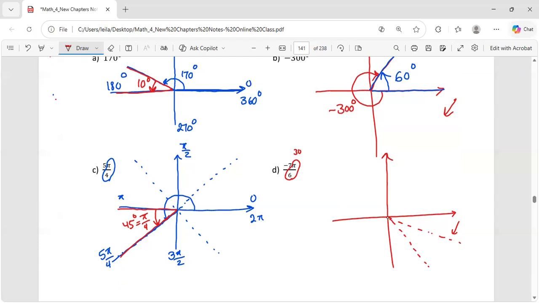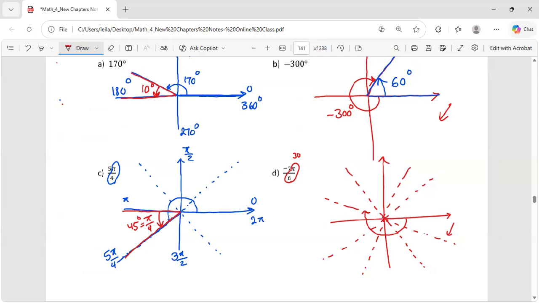If I divide each quadrant into 3 equal angles, now I'm going to start in a negative direction and show negative 7. So 1, 2, 3, 4, 5, 6, 7.